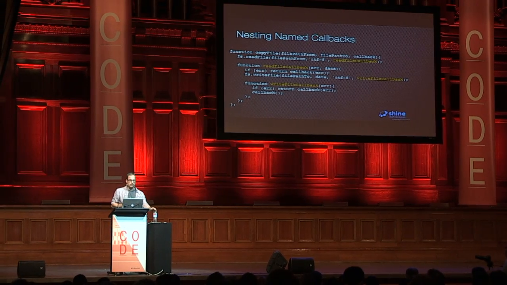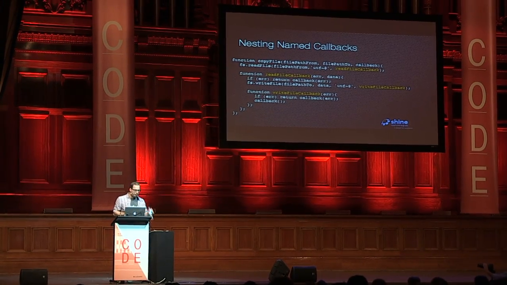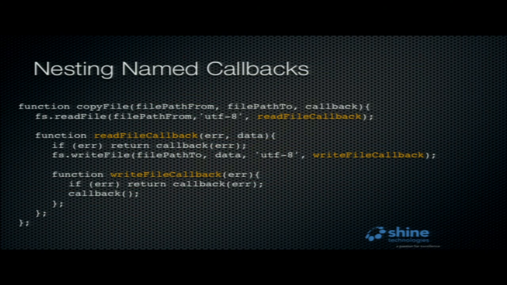We're looking at the nesting of named callbacks. Here again we have this nesting: if we want to copy a file, we first have to read it and then write it. And the code does look a little bit better if we don't use those anonymous functions. So that's one of the things that you can already do to make your code more manageable again.